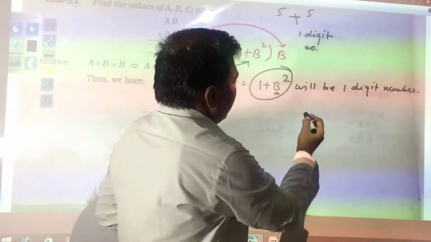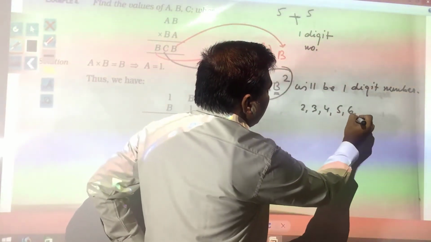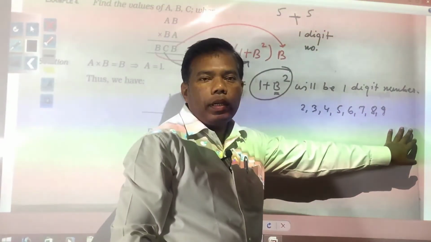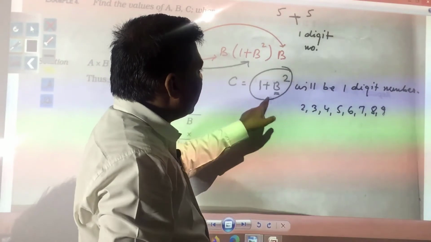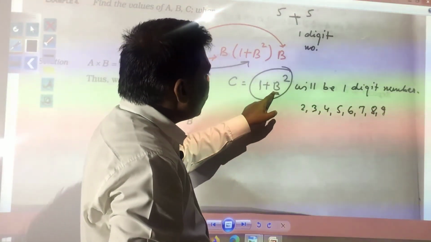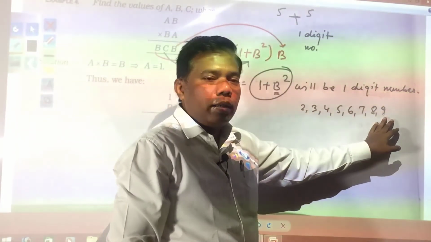So it may be 2, 3, 4, 5, 6, 7, 8 and 9, because 10 it cannot be. Now we need to find a suitable value of B so that it should come under this 2 to 9.